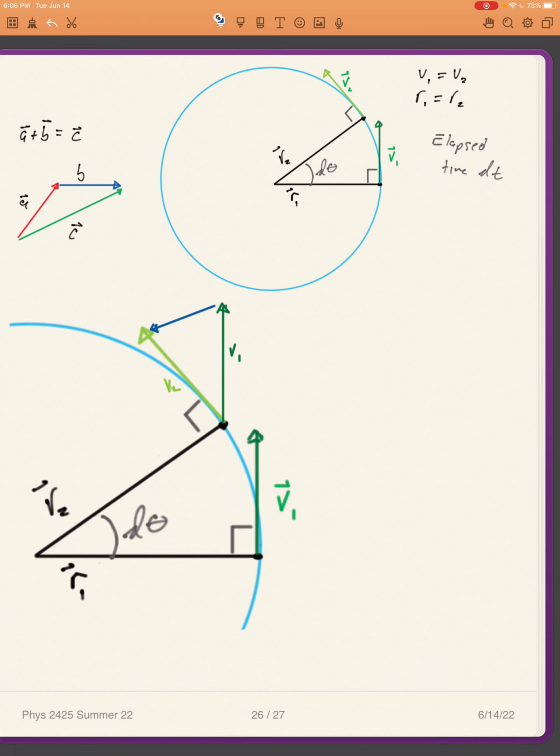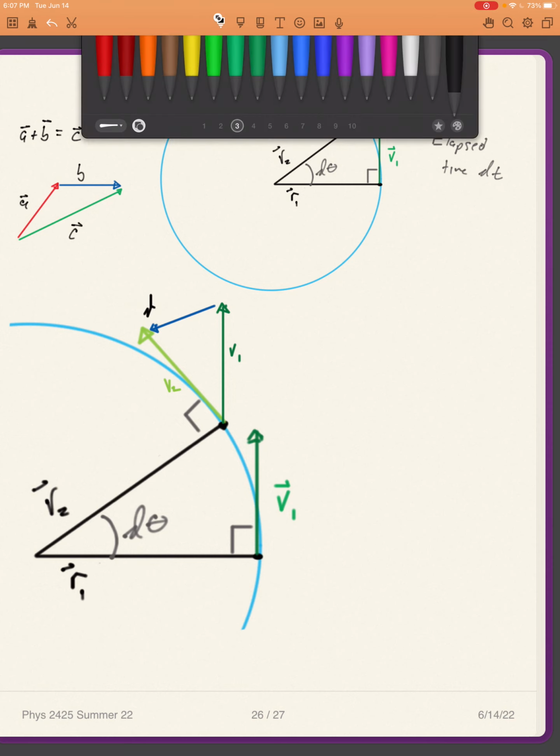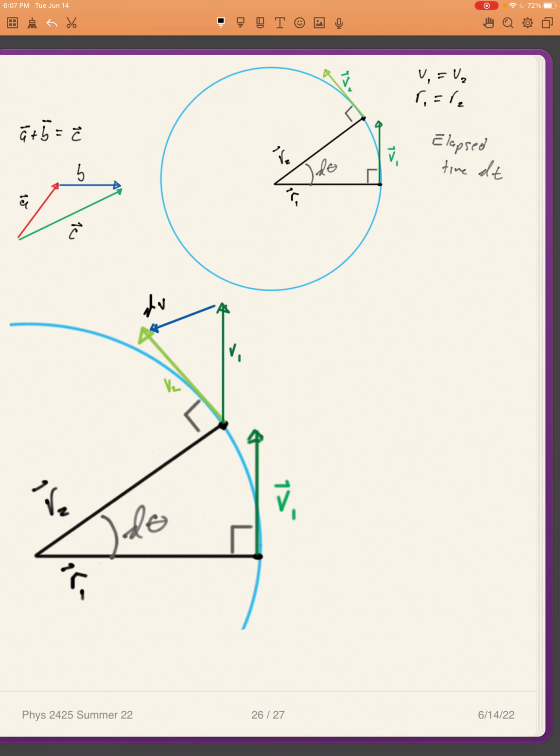Okay, so what vector is that? Well, I could call it vector dv, because this is the vector that changed v1 into v2, meaning it's the one that changed my velocity 1 into my velocity 2. So it's a vector that represents a change in velocity.